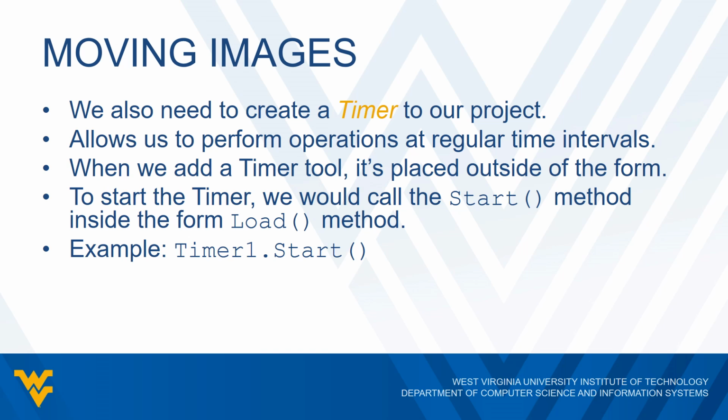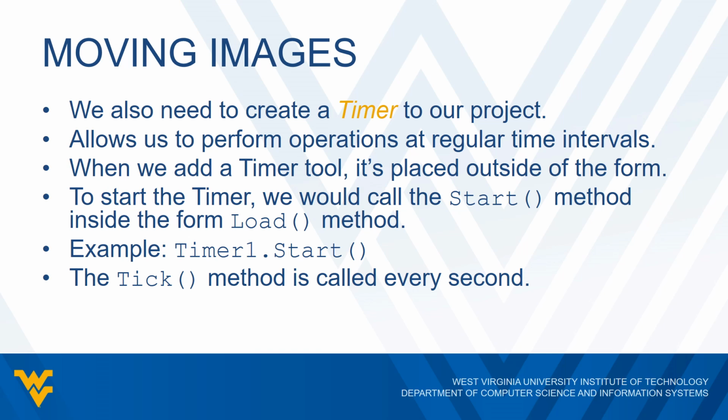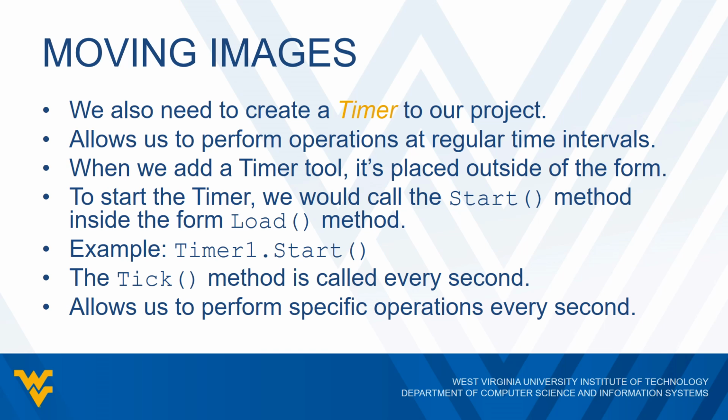It just doesn't do it automatically. And then there is a second method called the tick method, and this is called every second. This allows us to decide what operation we actually perform every second. As we'll see in a little bit, every second we move our image over just a little bit. That way we get that appearance of it actually moving. No, it's not just appearance, it actually is moving.